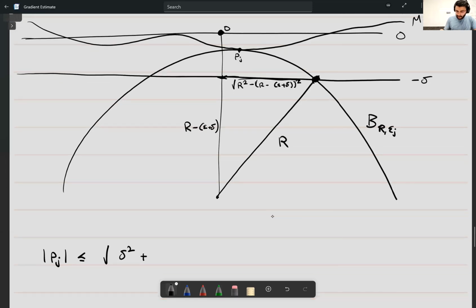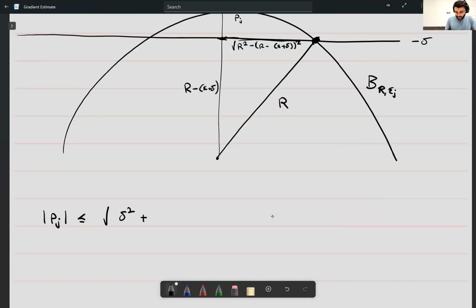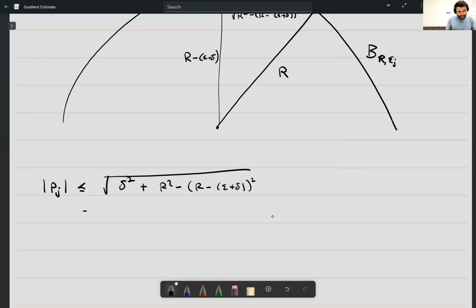So the maximum distance is going to be delta squared plus r squared minus (r minus epsilon plus delta) squared. So that's equal to the square root of 2r(epsilon plus delta) minus 2 epsilon delta minus epsilon squared.